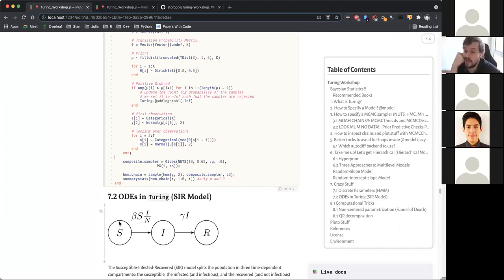Stan mainly uses Sundials as its ODE solver, and they have to implement a very complex interface for you to plug ODE solvers into Stan.